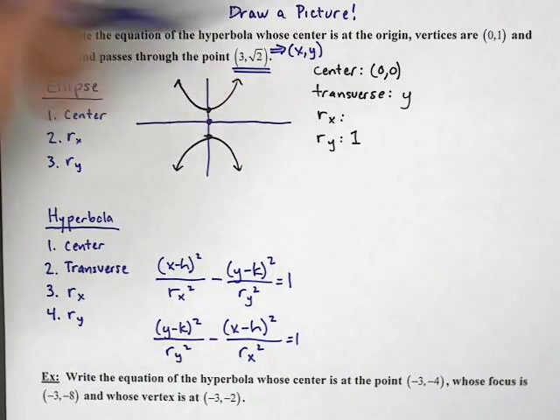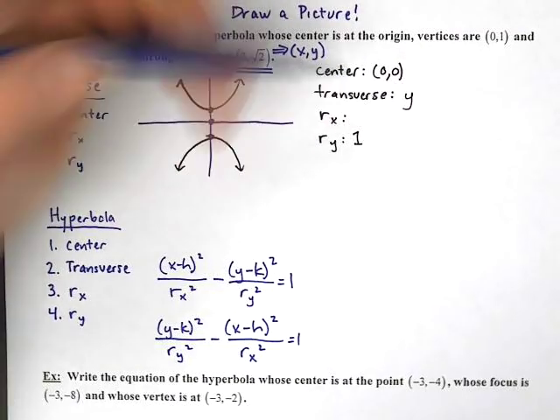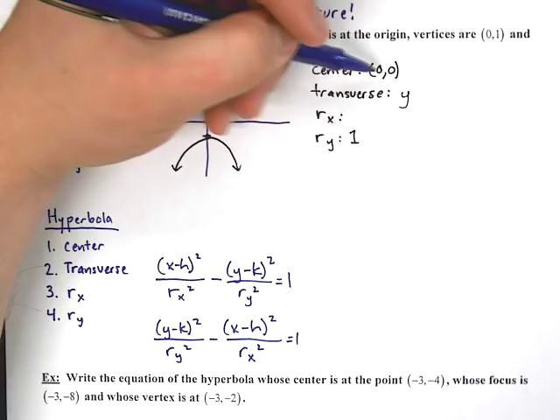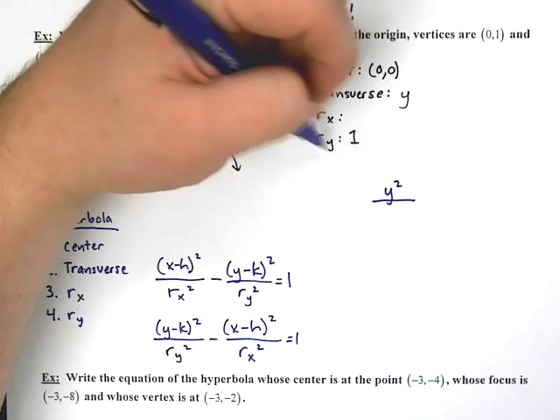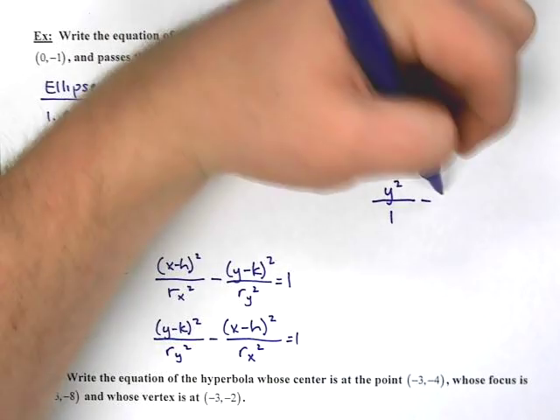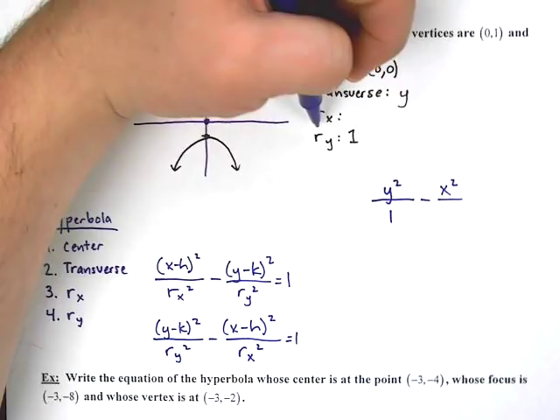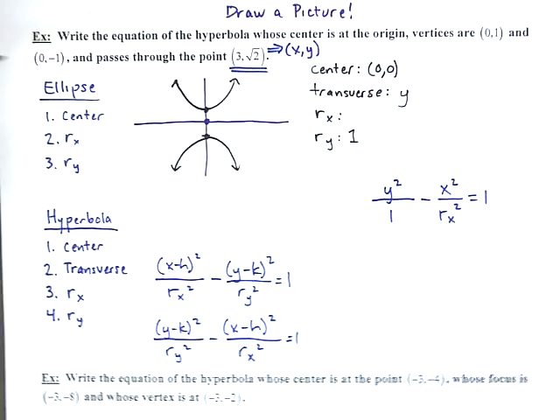Alright, let's write everything that we can. We know the transverse axis was y, so I know I'm going y first. Center is (0, 0), so it's just y squared over r sub y squared, or 1, minus x squared over r sub x squared, and this has to equal 1.